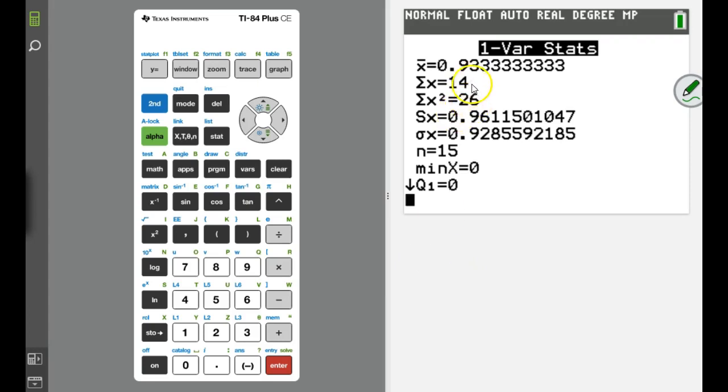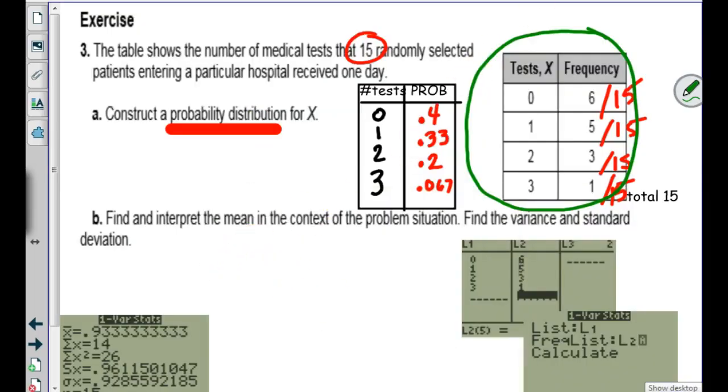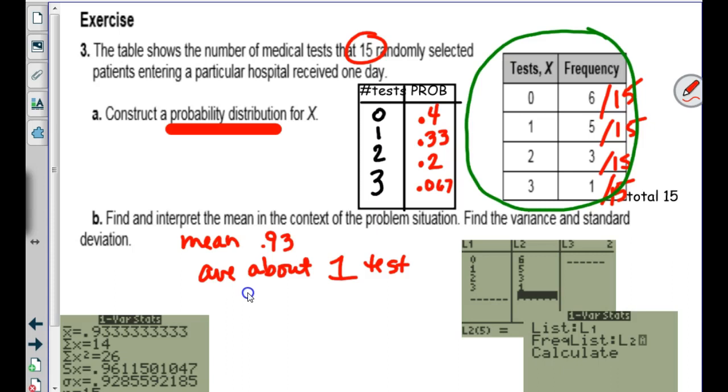The average person had about one test run, right? With it actually leaning towards no test. You can't really say had 0.93 of a test because you can't have 93 of a test, but that's what it's interpreting. Okay, so the mean was 0.93, or on average about one test run per patient.